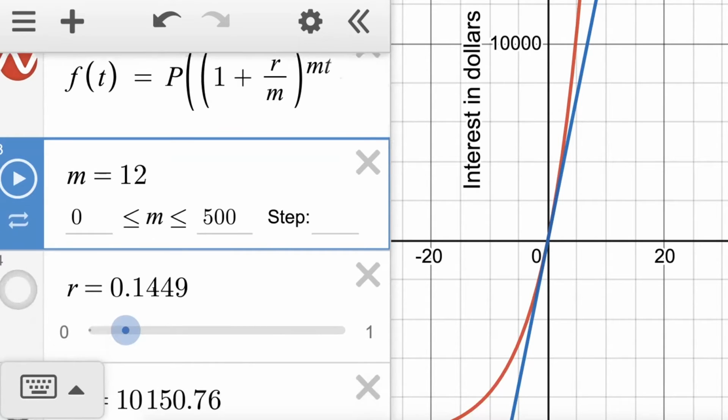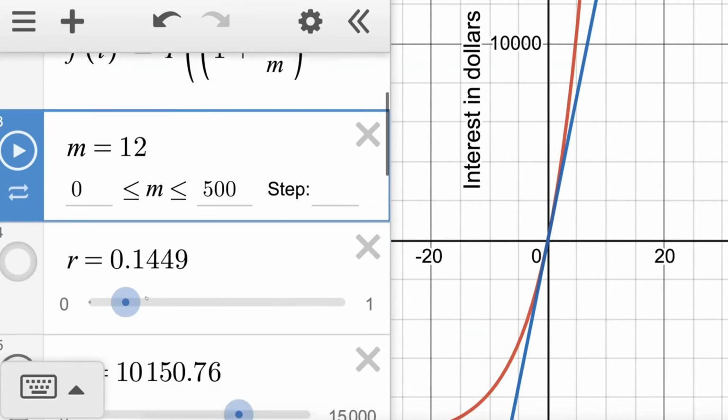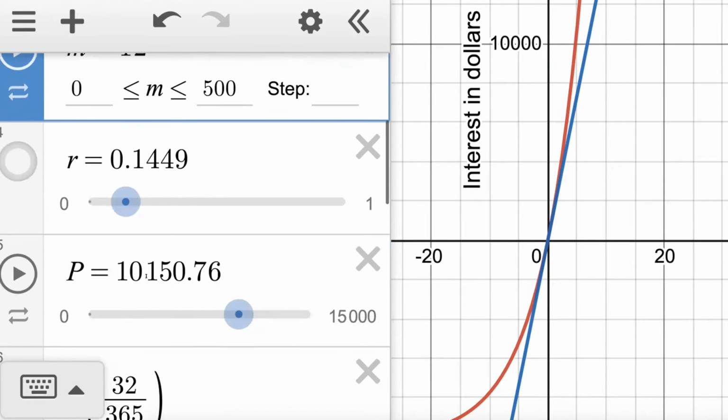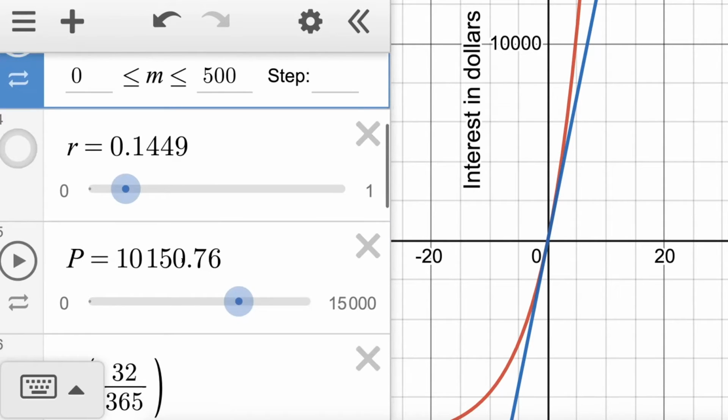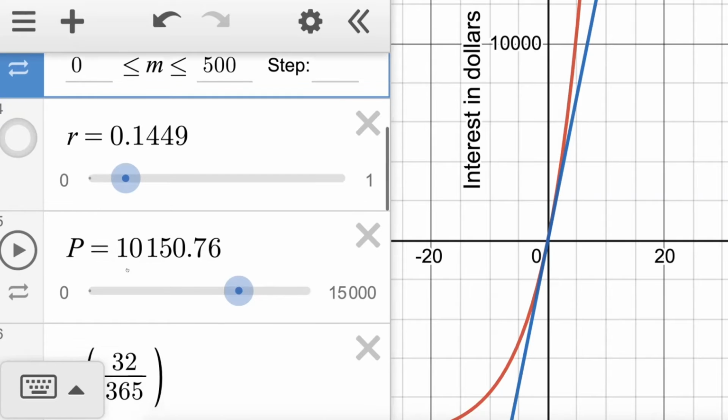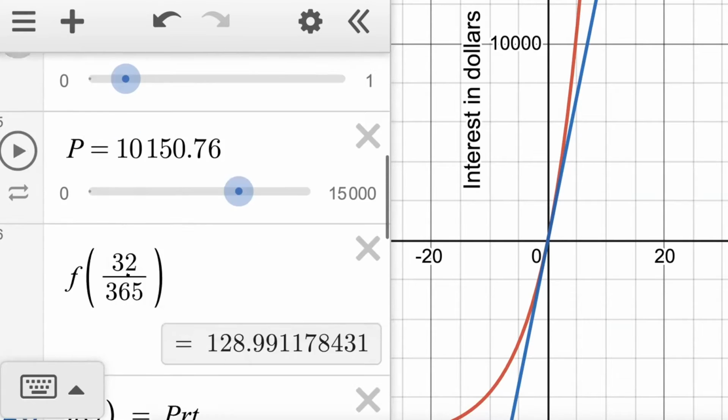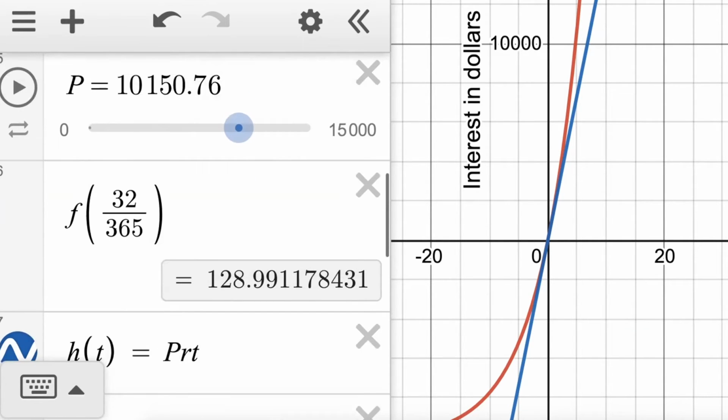And the interest rate is 14.49%, and the balance at this point is $10,105.50.